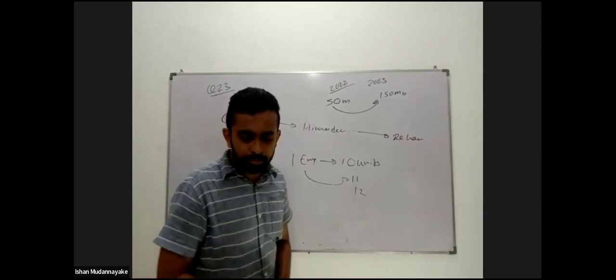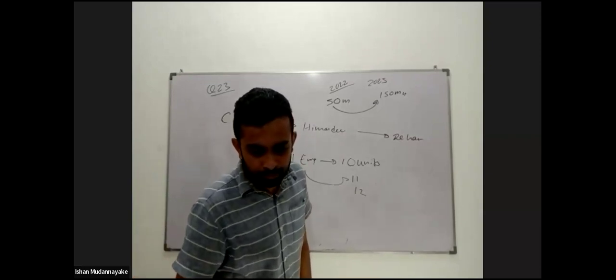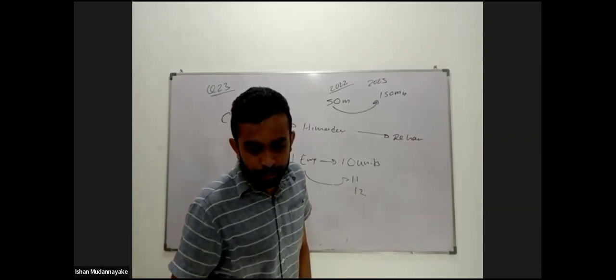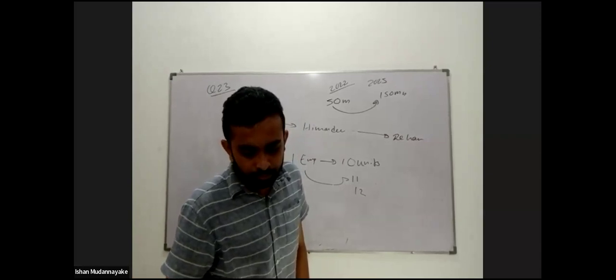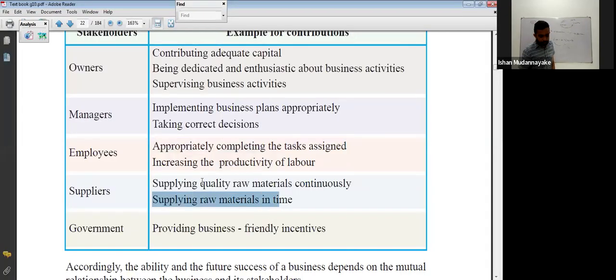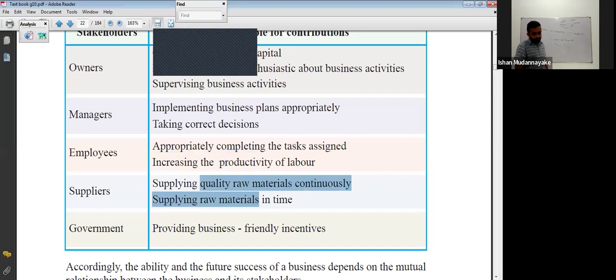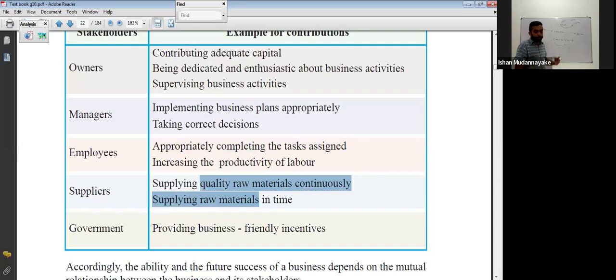And then suppliers, expectation from suppliers. What are the expectations from suppliers? Supplying quality raw materials continuously, supplying raw materials in time. Supply quality raw materials continuously to the business organization, and supply raw materials on time.